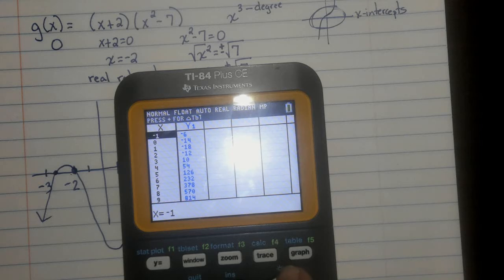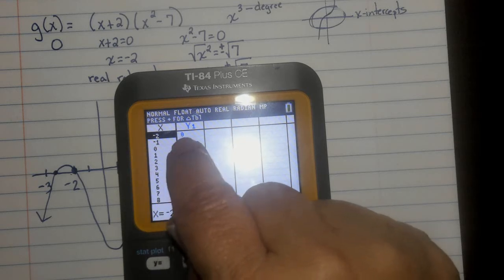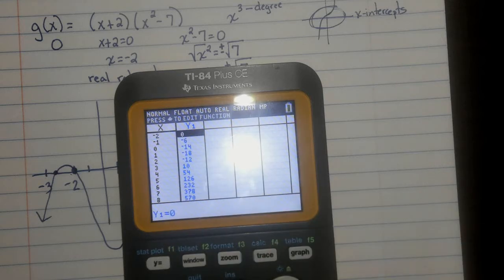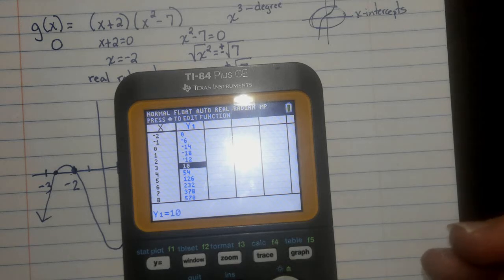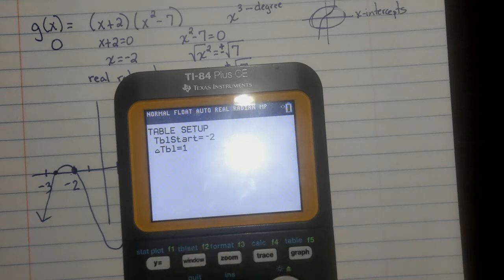And I see that when x is negative 2, the output is in fact 0. That's great. And I said, well, let me find my other zeros. Let me just look on my table. Can you find them? They're not going to show up because they're irrational. So even if I go to table set, I'm going to ask my table to start at negative 3, and I'm going to have it count by 0.1.